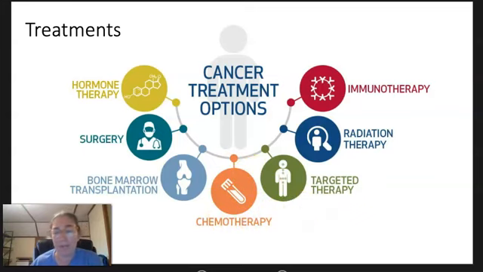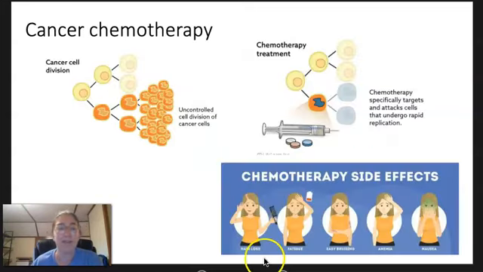So now let's talk about chemotherapy. Cancer chemotherapy is generally not very specific or targeted. So there's no drug that magically is specifically toxic to cancer cells. Generally, cancer chemotherapeutic agents, cancer drugs, tend to target cells that undergo replication.